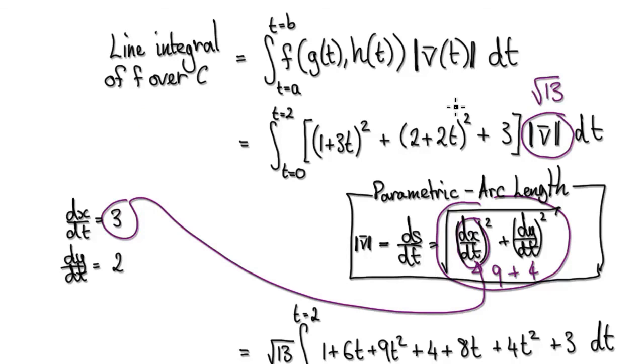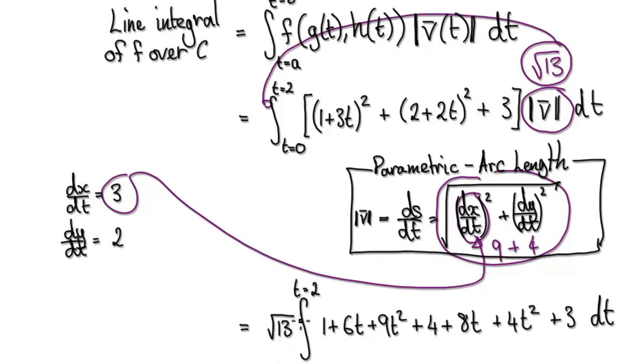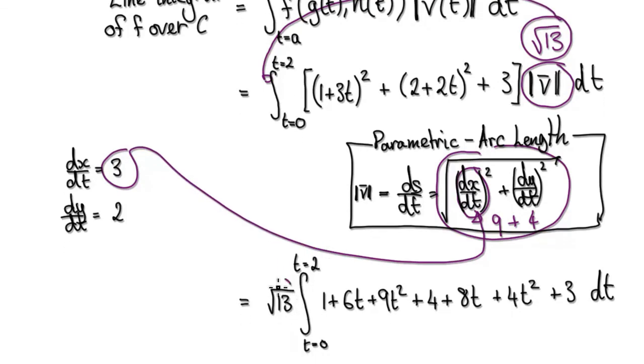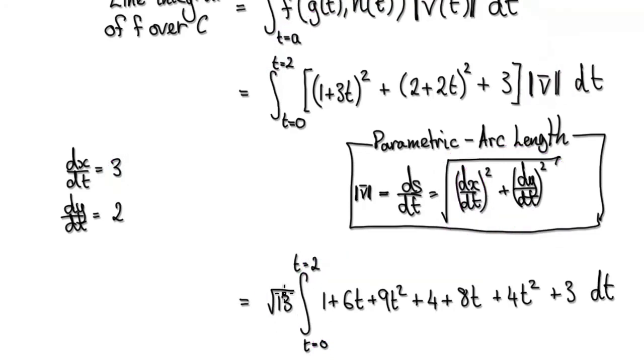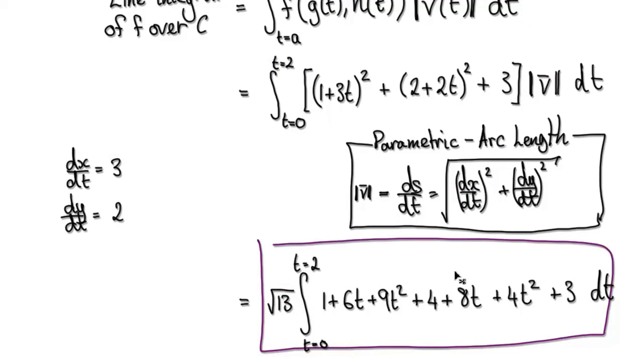Now the square root of 13 is a constant, so you can take it out of the integral. So it will then become this. And don't forget, as the particle is moving along, it's moving from time equals 0 to time equals 2. So the line integral is given by this whole thing here. It's just a matter of tidying this up.